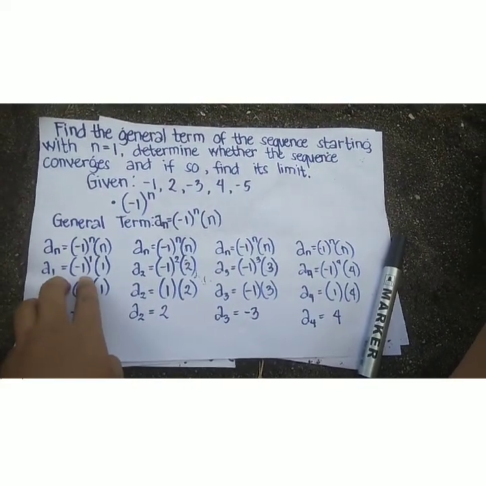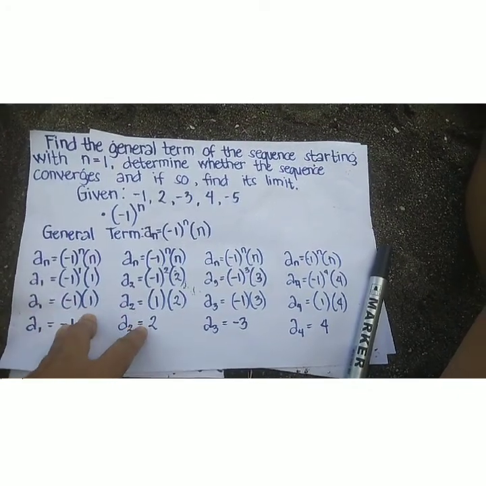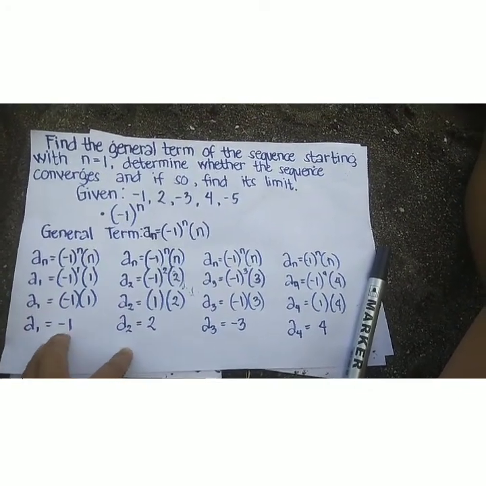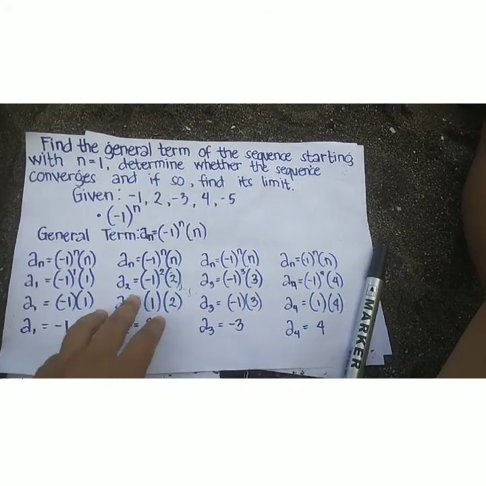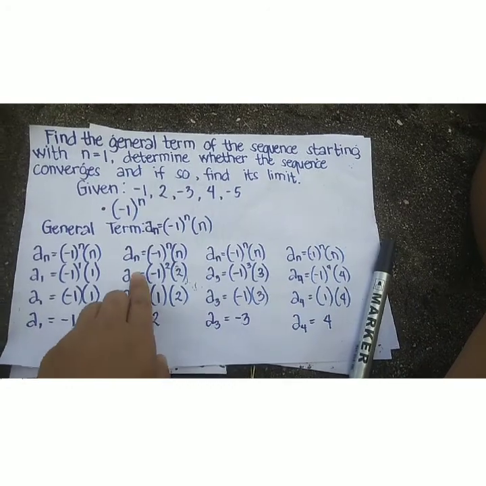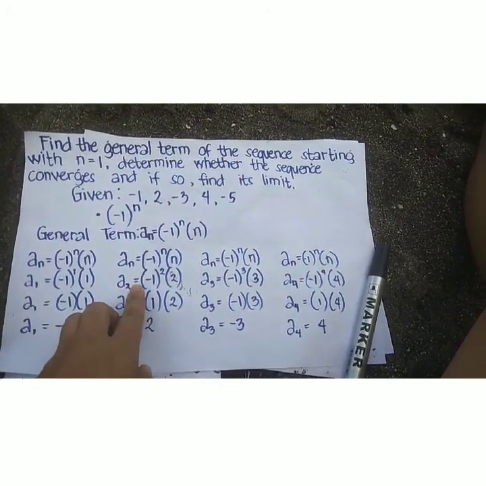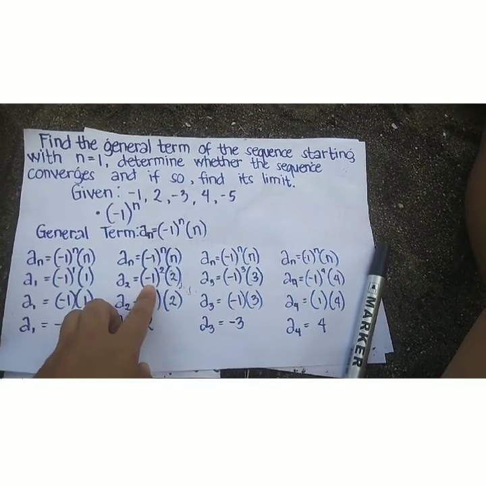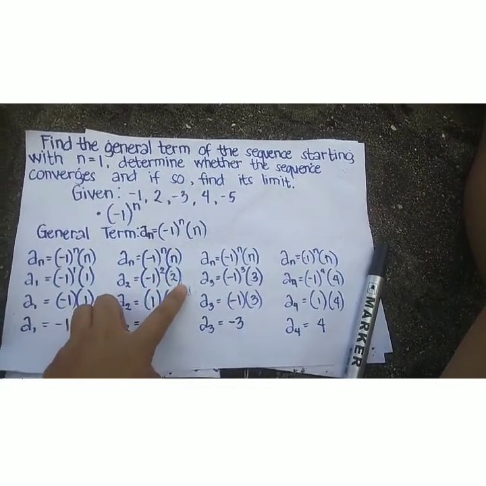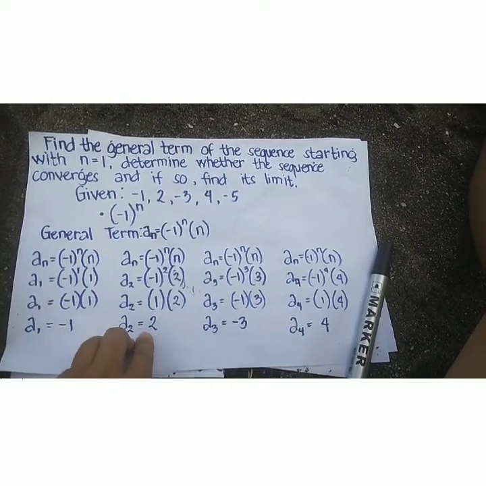So -1 raised to the power of 1 times 1. -1 times 1 is equal to -1. Next is our second term, which is 2. So a sub 2 is equal to -1 raised to the power of 2 times 2. So 1 times 2 is equal to 2.